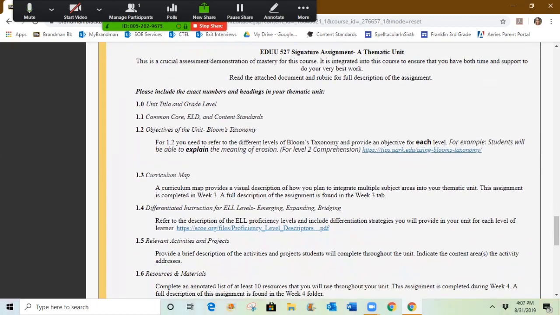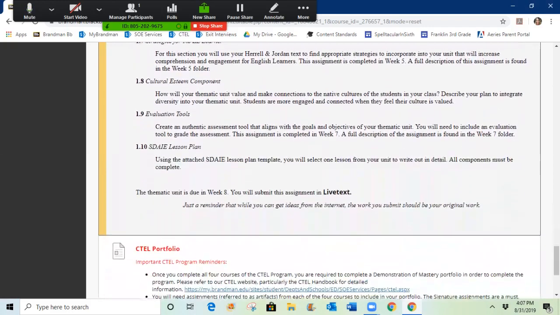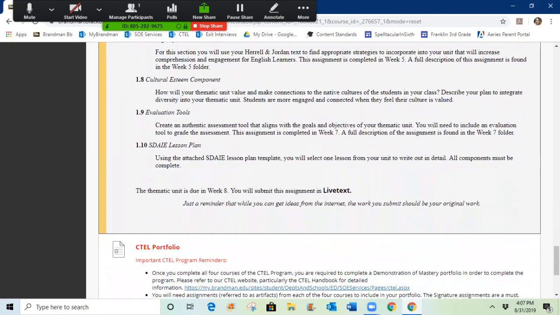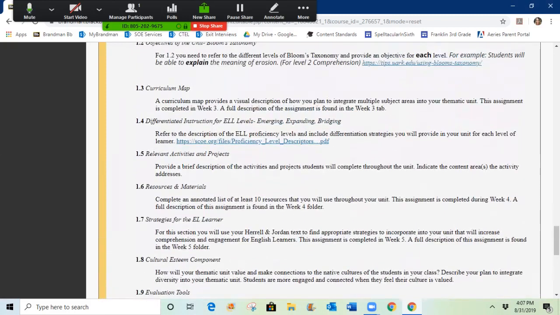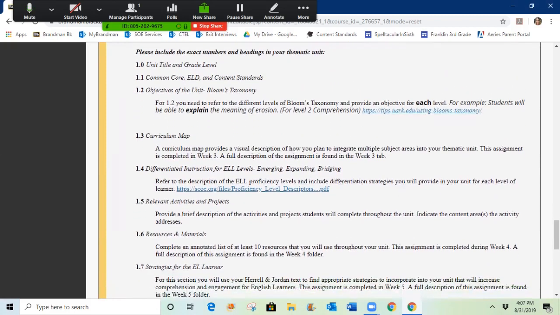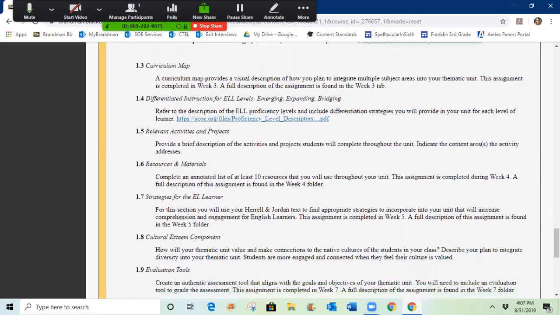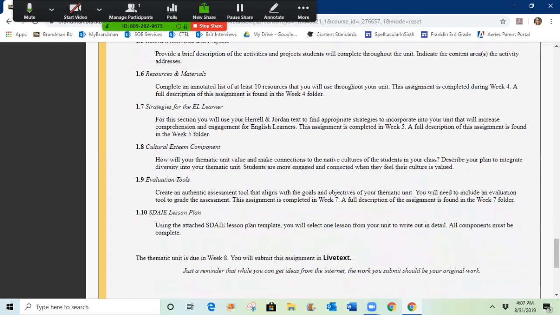As you can see here, there's different components due from 1.0 all the way down to 1.10. The nice thing about this course is that some of these components are due throughout the course. So for example, 1.3, which is your curriculum map, is another assignment due in this course. And 1.5 is also due, 1.6, 1.7, 1.9.